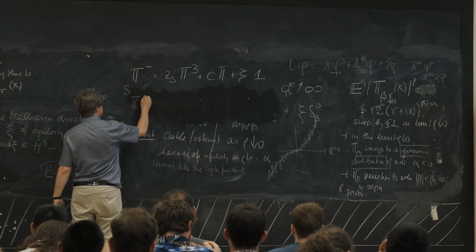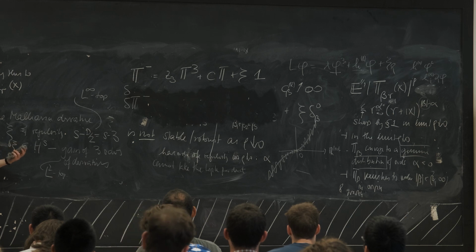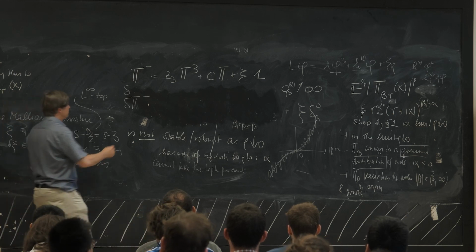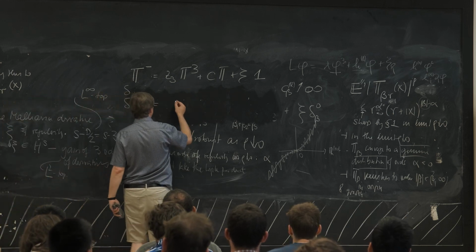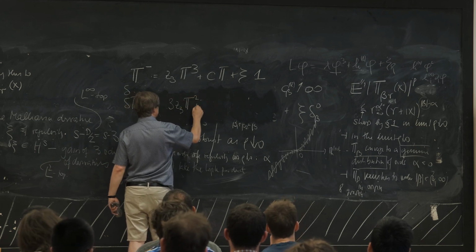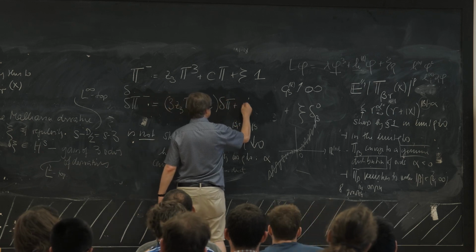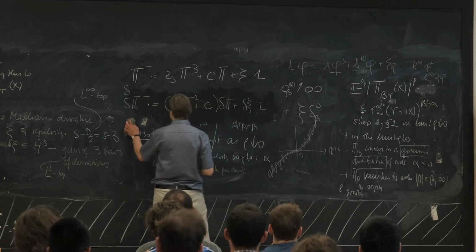Since the Malliavin derivative is a derivative, I may use the Leibniz rule, and what I get is 3 times Z3 pi square plus C times del pi plus del psi times 1.